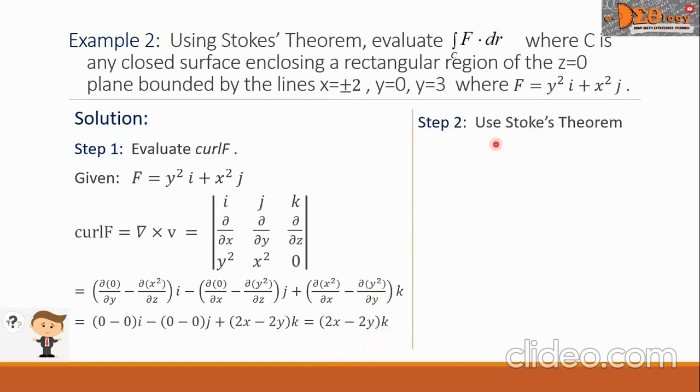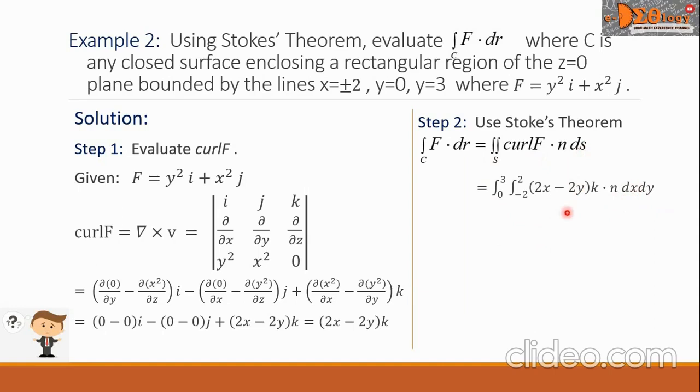Step 2, let us now use Stokes' theorem. And the formula is written here. Let us now substitute the corresponding value for the curl F. Let us modify the dS and let us specify the limits of integration. So we have it like this. The dS becomes dx dy. The curl F is here, dot n.